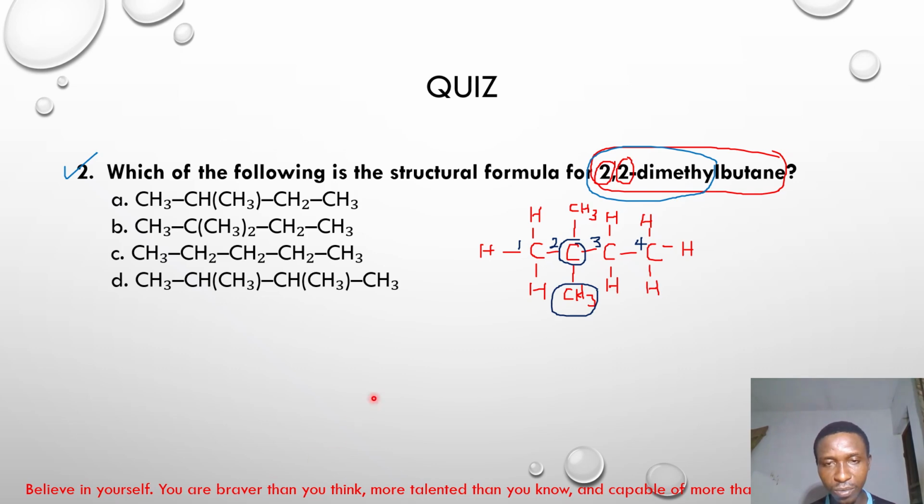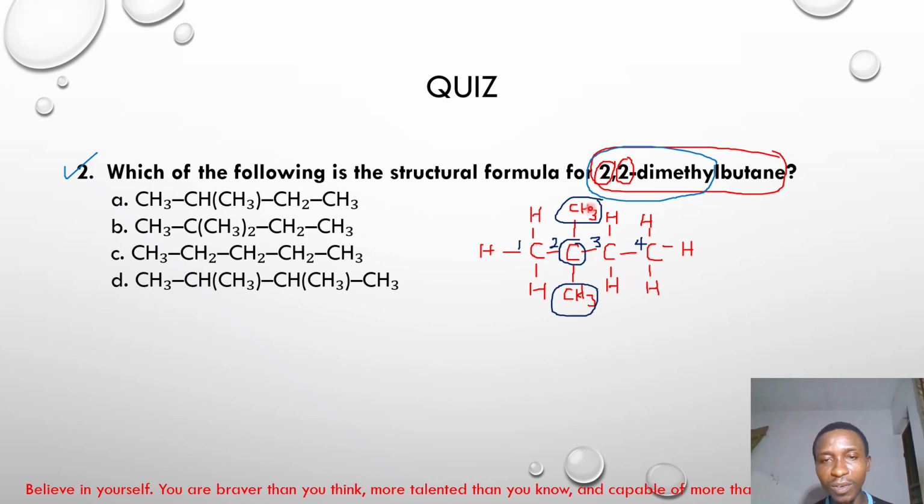Also 1, 2. We have another branch. So now the parent, to know the name, 1, 2, 3, 4. That is butane. So this is 2,2-dimethylbutane because it's 2 methyl.